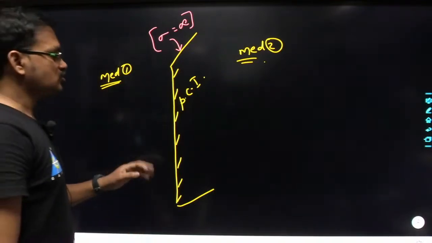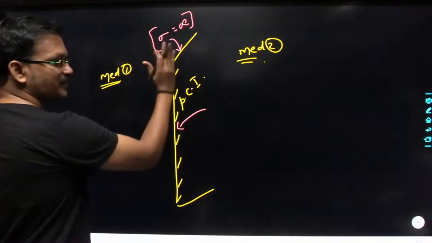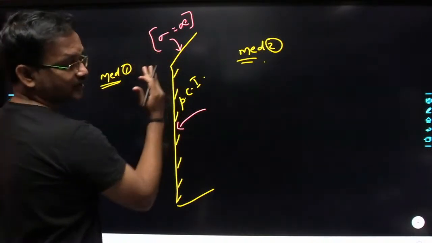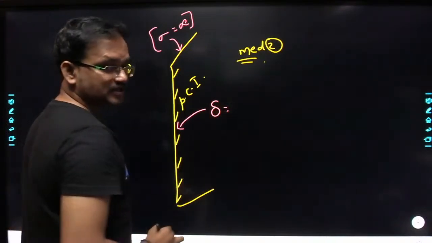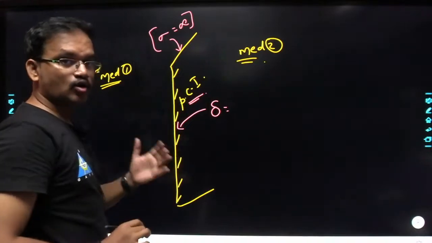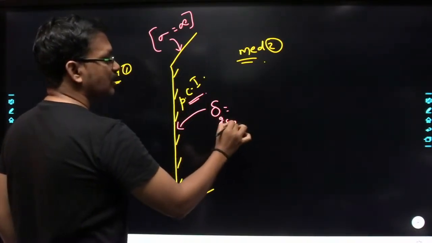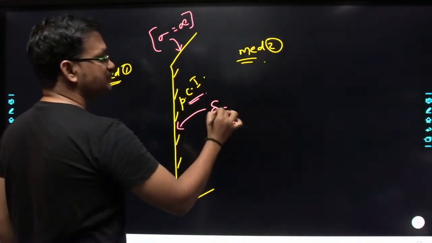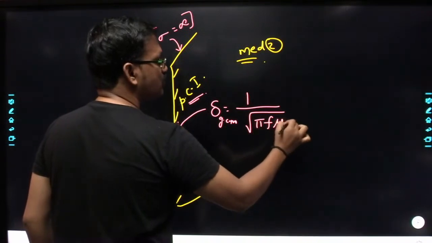Which means, for this perfect conducting interface, what is the skin depth? Since it acts like a good conducting medium, the skin depth is equal to 1 by square root of pi f mu sigma.